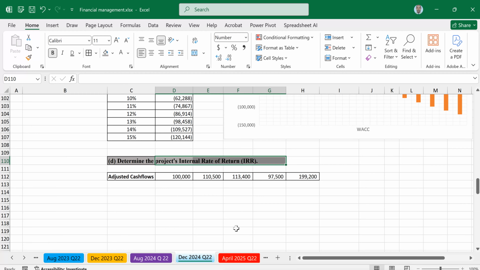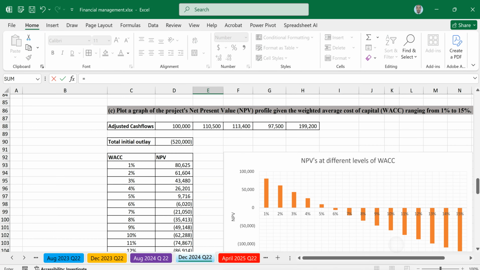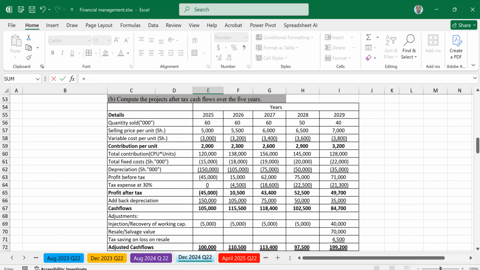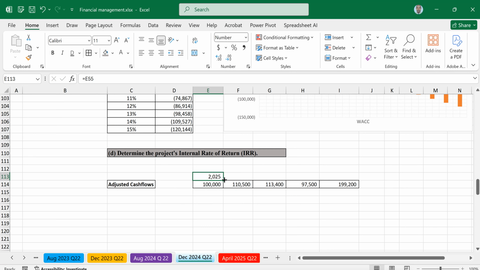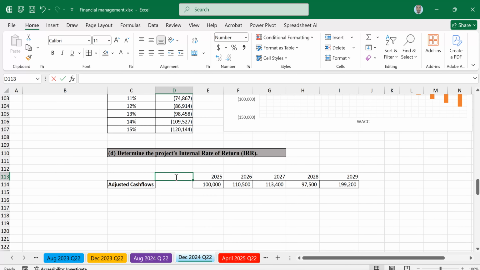So we will cut this and paste here. Then I can do Control X and Control V. Bring in the years from 2025 to the last, then give me 2024 because we need the outflow as well. 2024 is a negative, so equal sign negative.